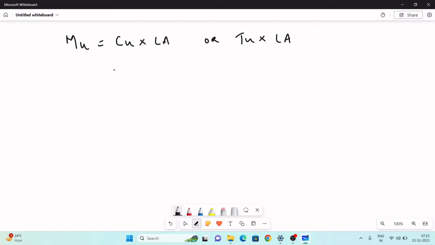It depends on you. If you want to find it with respect to compressive force, you already know the total compressive force for the flanged beam. Instead of B, we have to take BF: 0.36 FCK BF XU. This is with respect to the under reinforced design.